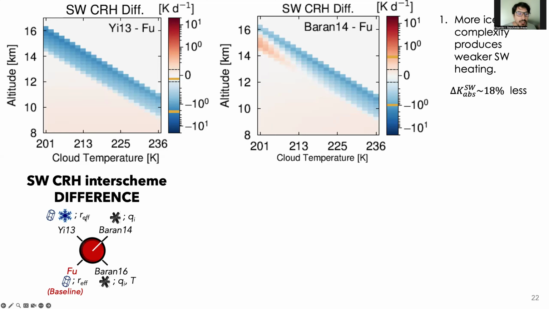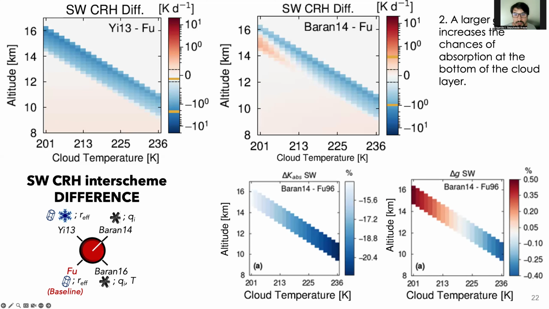While Fu and E base their input on the size of the ice crystals, now we are changing to ice-water mixing ratio, so we can find different characteristics. For example, we can have weaker shortwave heating at the bottom overall, but when we reach higher altitude or colder environment temperature, we can find some heating at the bottom of the cloud. This is only the shortwave.